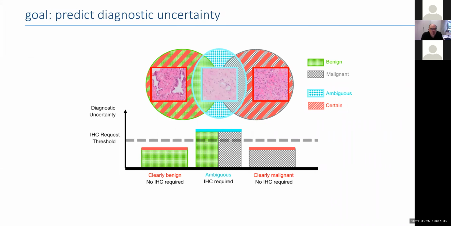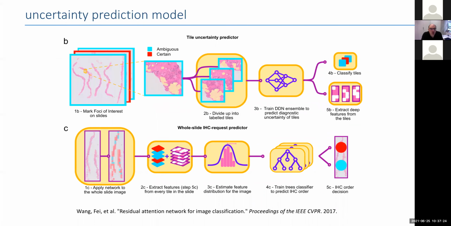And of course, the goal here is to predict diagnostic uncertainty. So it is either clearly benign, it is ambiguous, or it is clearly malignant. And we are really interested in this ambiguous category. So the model we use is a tile-based uncertainty predictor. We split the biopsy into different tiles, and then we train a residual attention network to do this tile-based prediction.